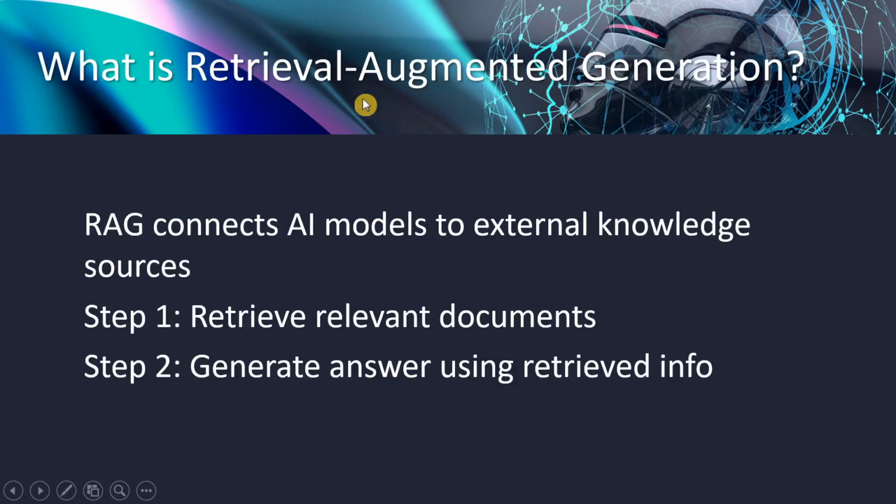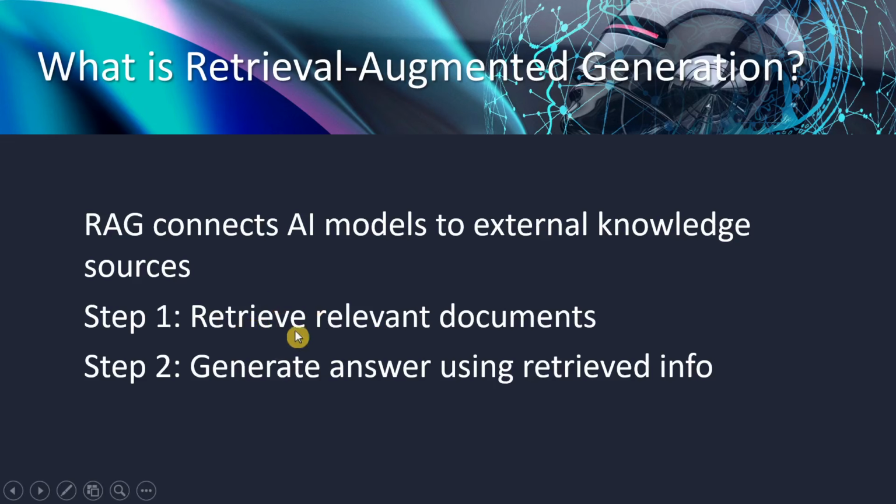Next, what is retrieval augmented generation? What exactly is RAG? RAG connects the AI model to external data. As I said, the model will not have access to your company database or your internal data sources. So with the help of RAG, we connect AI models to an external data source. In the first step, it will retrieve relevant documents, and then it will generate the answer using the retrieved info.